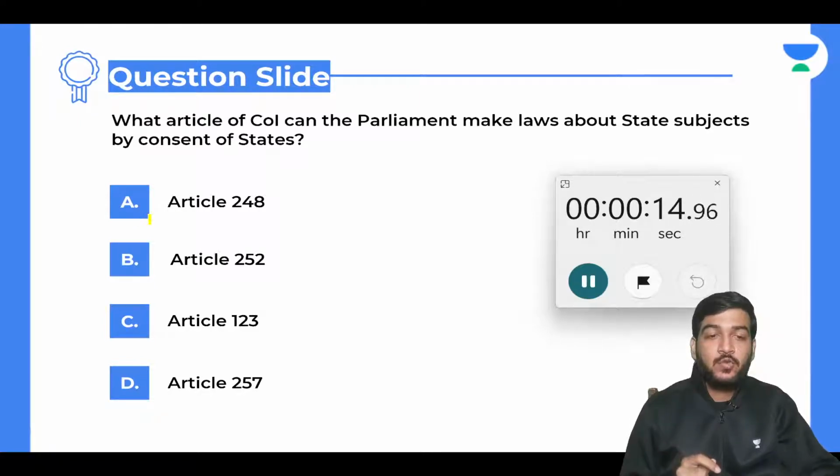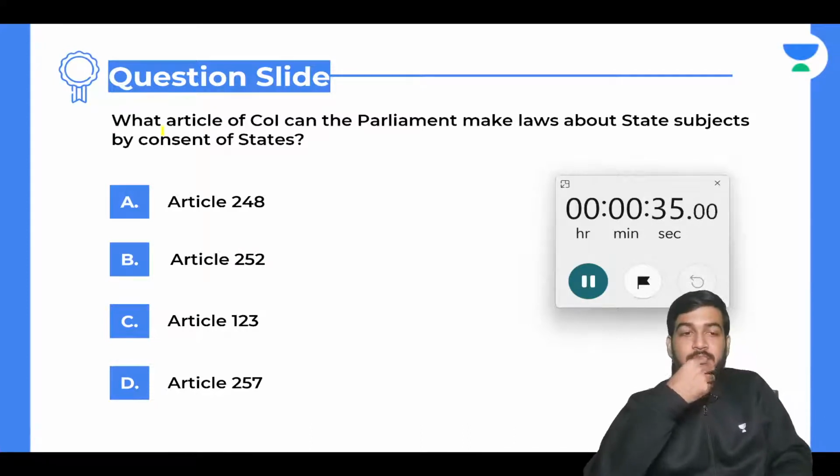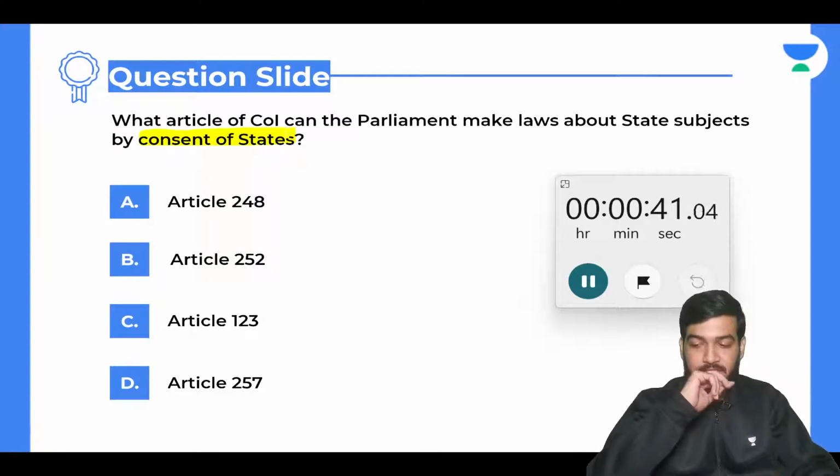Is it Article 248, 252, 123 or 257? 75 seconds to answer this question. Remember, by the consent of the state. This criterion is very essential for your correct answer.